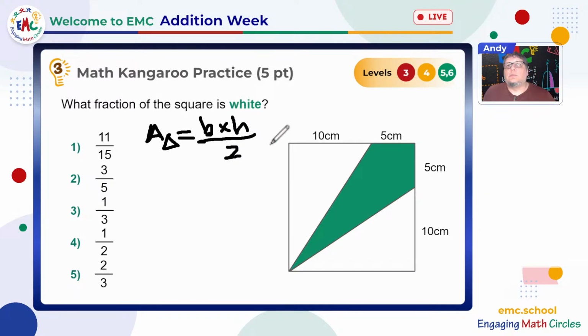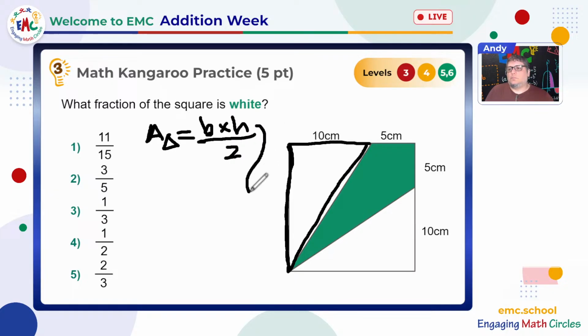Okay. So, this triangle is 10 wide. How tall is it? It's got a base of 10. How tall is this? Well, because it's a square, it's the same as this side over here, which is 10 plus 5.